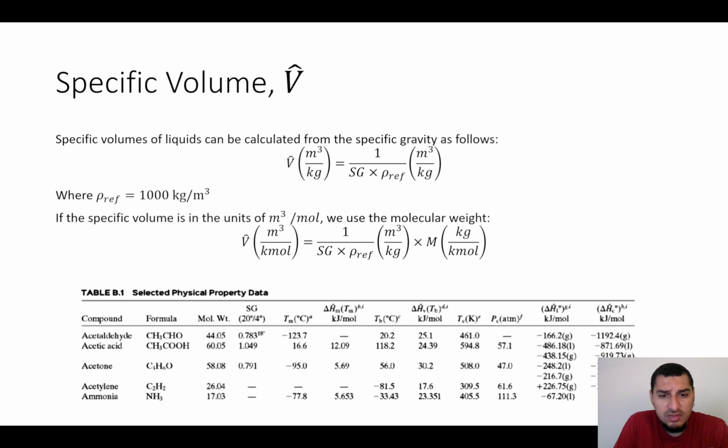We are going to use a lot of data from the tables in the appendix. We discussed the steam tables, but now we are discussing the rest of the tables. So here, for each one of these compounds, you have the molecular weight and you have the specific gravity. This is the specific gravity that we use to calculate the specific volume, which is the third or fourth column in the table. We're going to go through all the rest of the columns later, but for now, this is what we are interested in, inshallah.